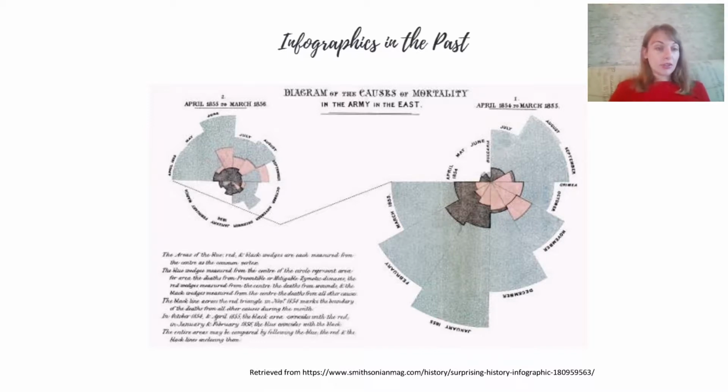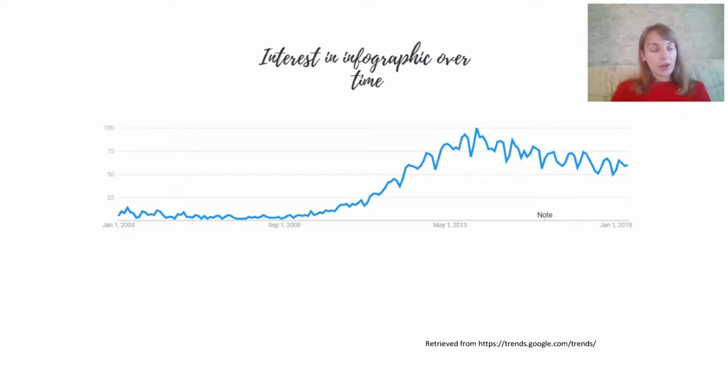I started researching infographics to find out how popular it is, and I found out that starting from about 2008, 2009, there was an increase, sometimes even a steep increase, which peaked in about 2013.